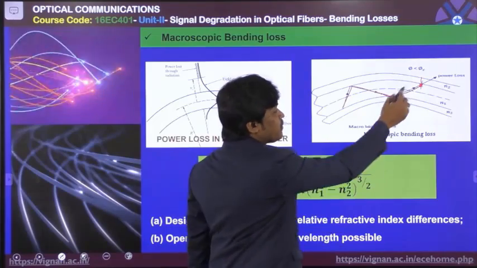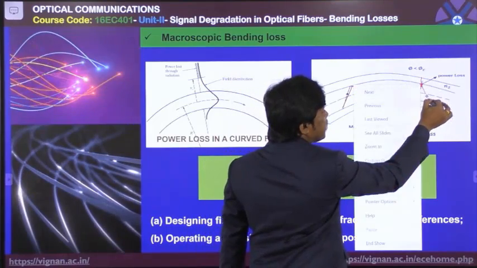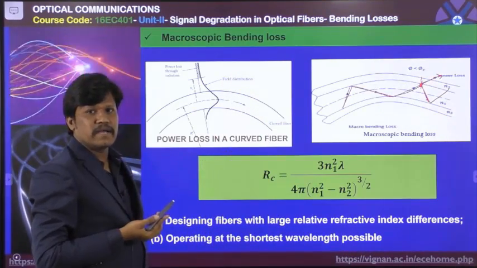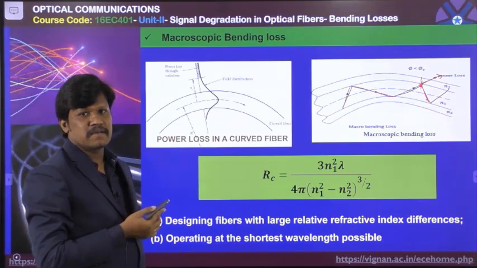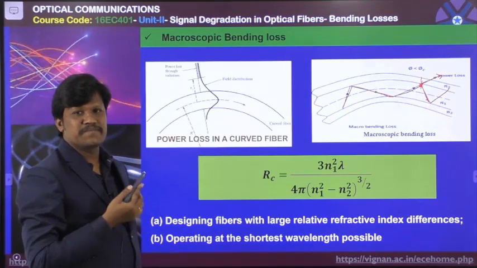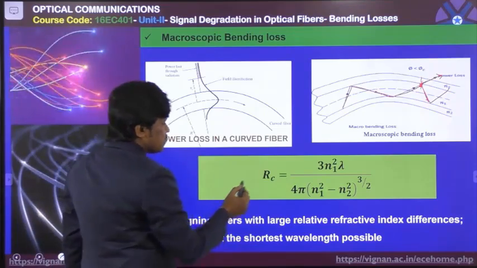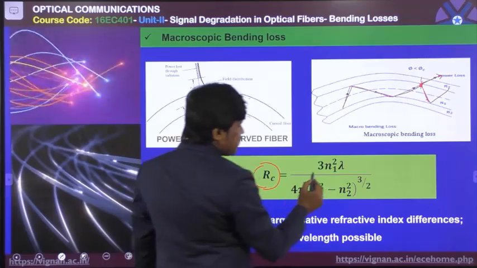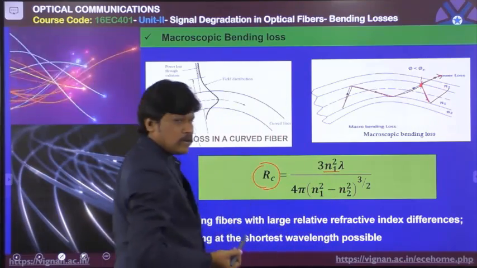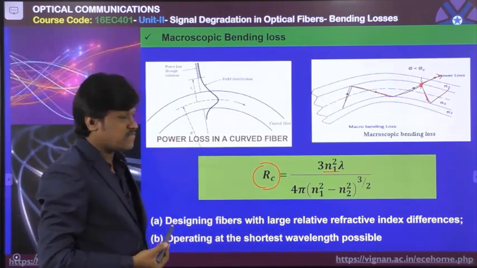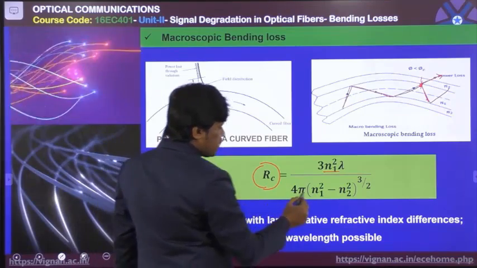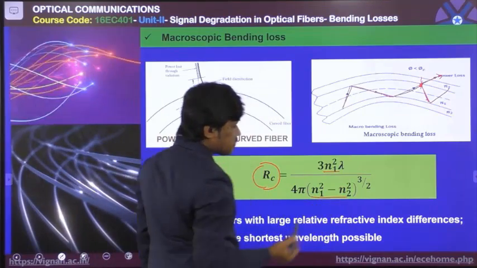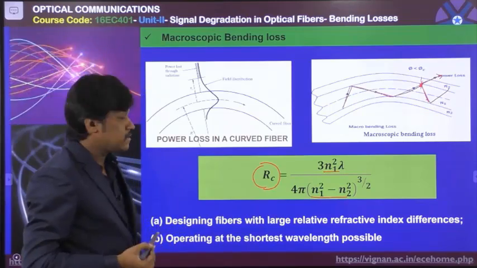So if it is to maintain the critical angle condition, as we already know, the manufacturers will give some specifications. The critical radius RC is equal to 3 n1 square lambda by 4 pi (n1 square minus n2 square) whole power 3 by 2.